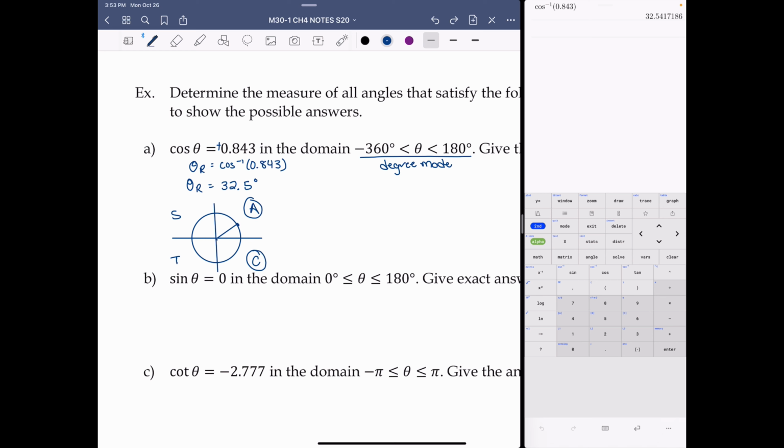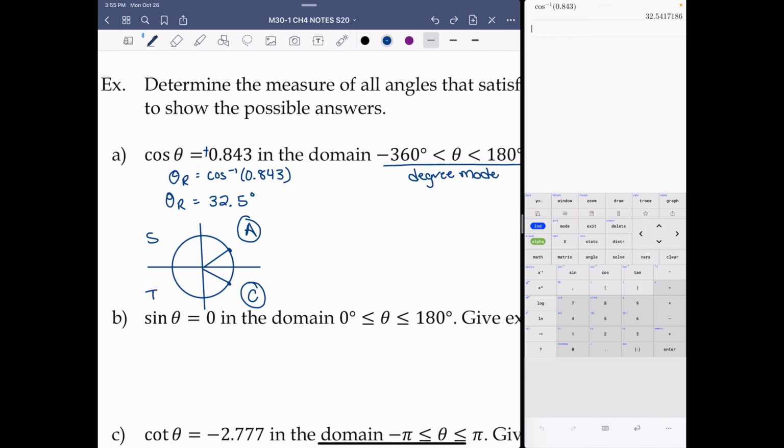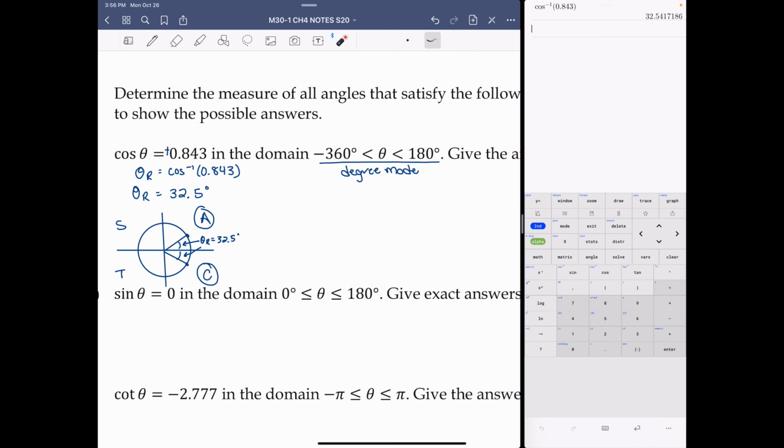And then in quadrant 4, a reference angle of 32.5 degrees is about here. Our reference angle is theta r equals 32.5 degrees, and that's there. And then also here we have a reference angle of 32.5 degrees. The domain for theta is greater than negative 360 degrees and less than 180 degrees. We can have theta equal to 32.5 degrees.